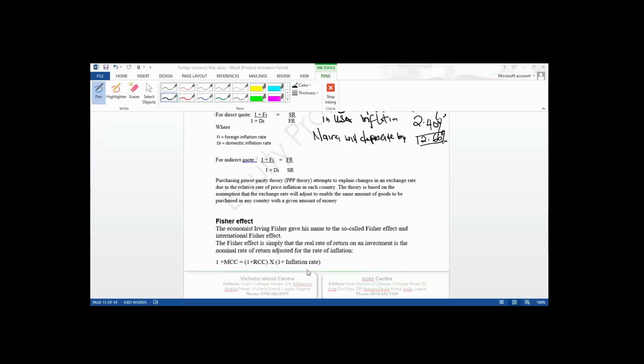If you look at this equation, your MCC, money cost of capital, is the cost of capital with inflation.